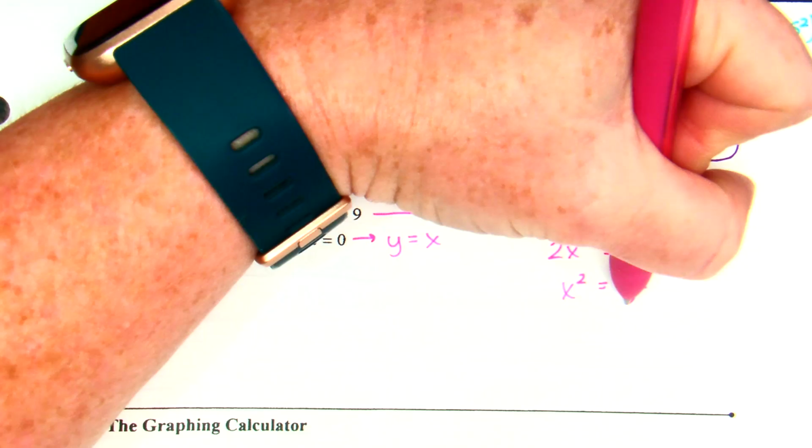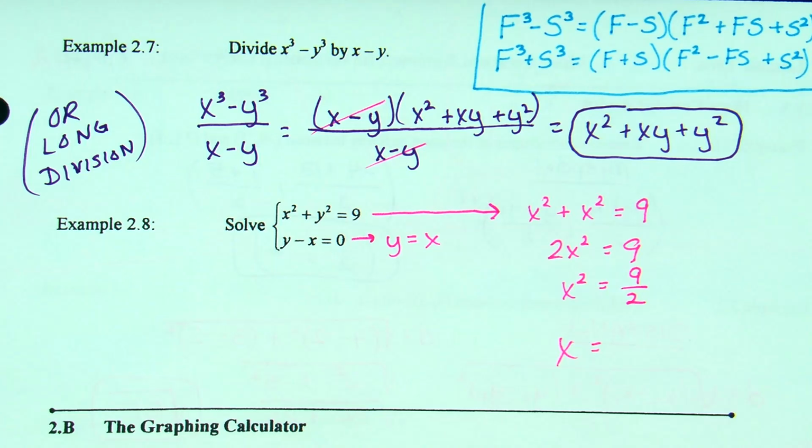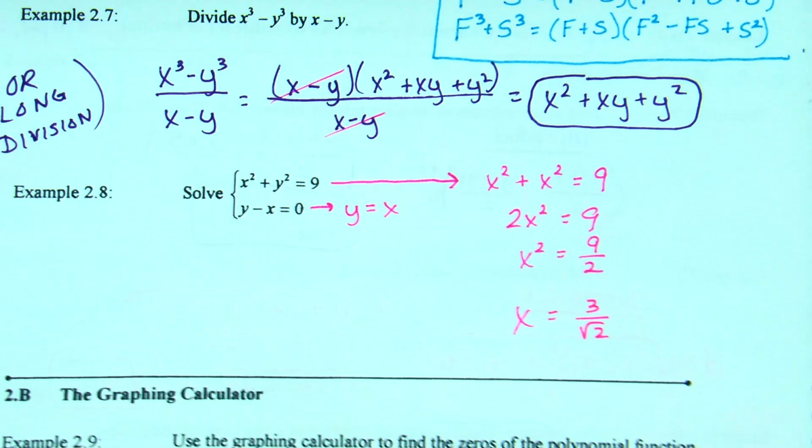Okay, so before I move on to that rationalization step, what hasn't been mentioned? Plus minus.